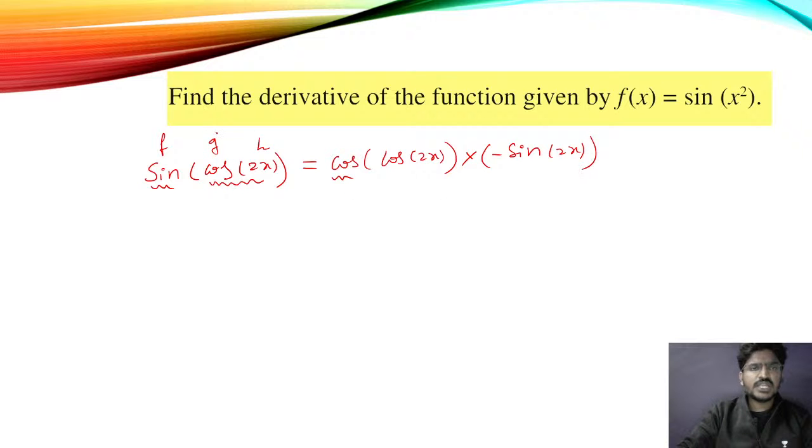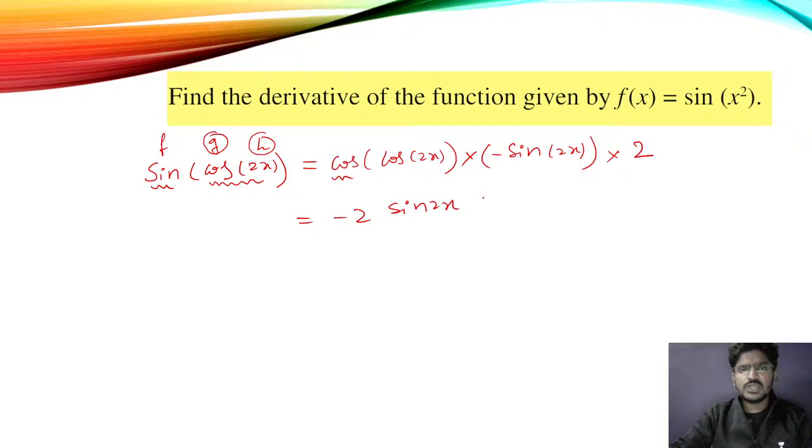Now you differentiated g, now you go for h, multiplied with h dash of x. What will be the h dash of x? It will be 2. So that is minus 2 sin of 2x multiplied with cos of cos 2x. Clear? So like this you are going to have your answer.